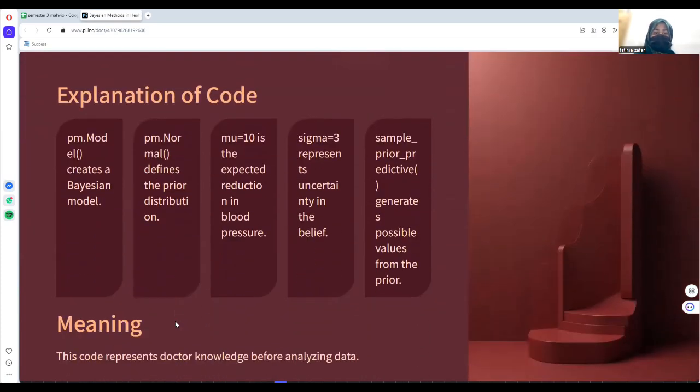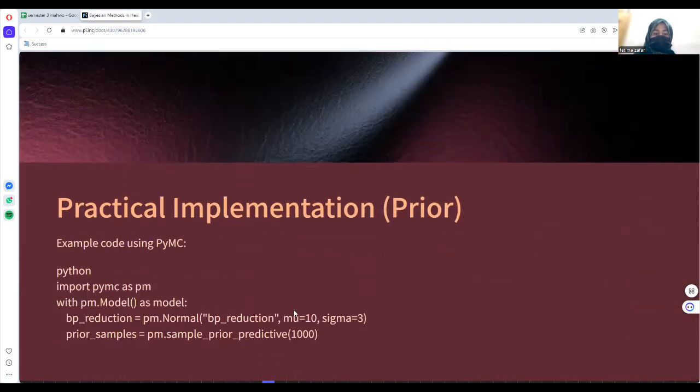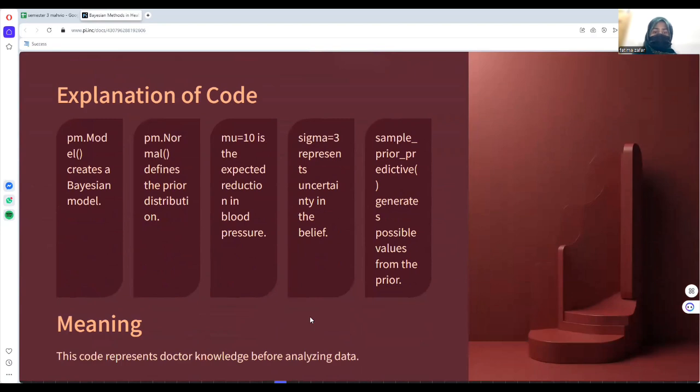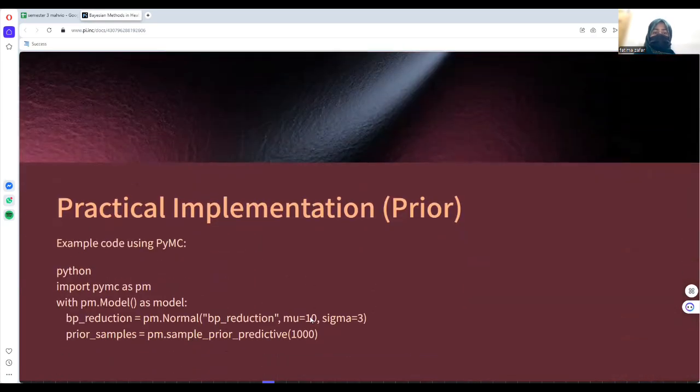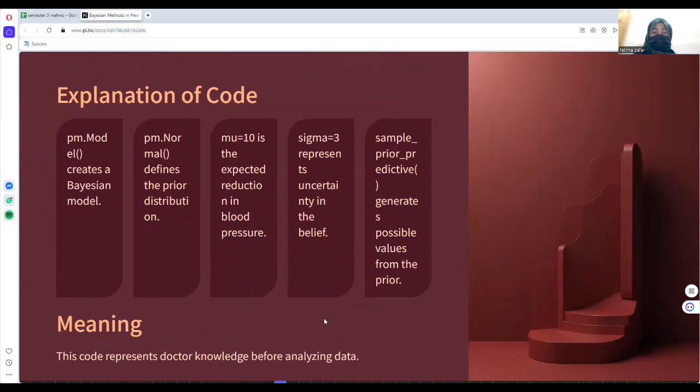After that we see mu equals 10. What does that do? It is the expected reduction in blood pressure. Then we see sigma equals 3, which represents the uncertainty in the belief.